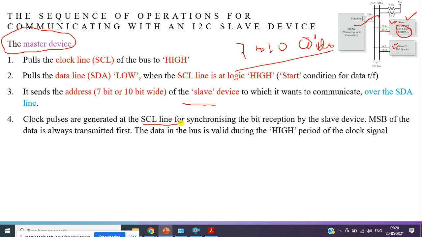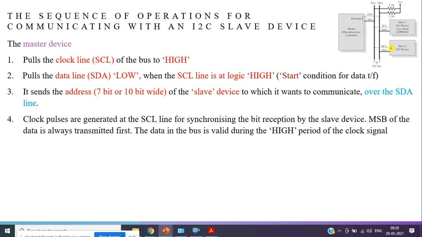Now in the fourth step, the clock pulses are generated at the SCL line for synchronizing bit reception by the slave device. Which means that once it generates the address, the SCL line starts sending the clock signal for synchronizing the bit reception by the slave device.